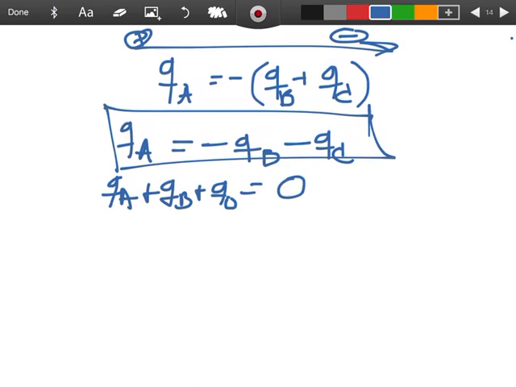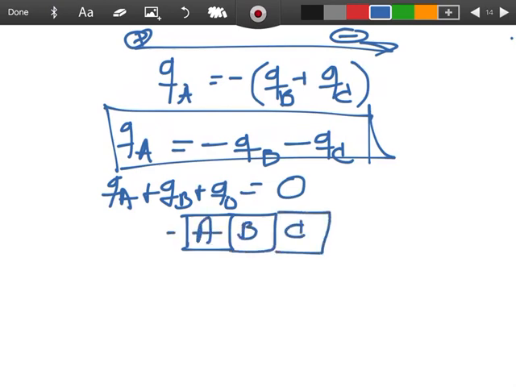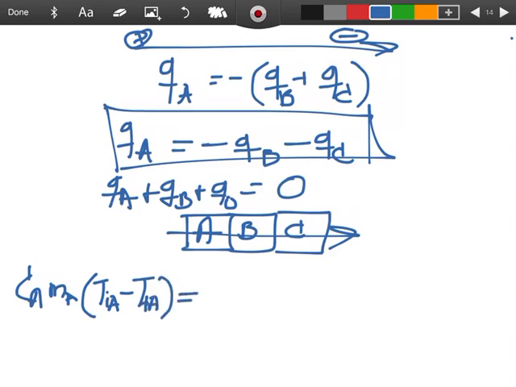So we will have our mathematical model for A, B, and C, moving the heat in this case from left to right. So we would have CA times MA times the change of temperature of A, which is the initial minus the final. And this is going to be the same as minus, because I have this minus.